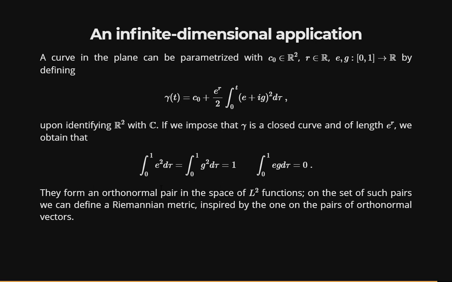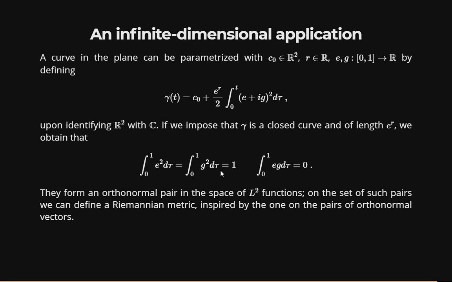You can write it down. Also, in practice, in applications, these 2 functions will just be the sampling of the 2 functions on a sequence of points. We will split the interval 0, 1 in, I don't know, 1,000 points, and give for each point the value of e and g. So they will in the end be a pair of vectors in some R^n with n very big.